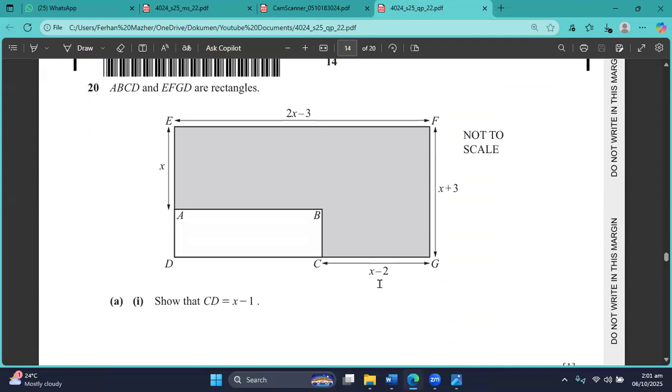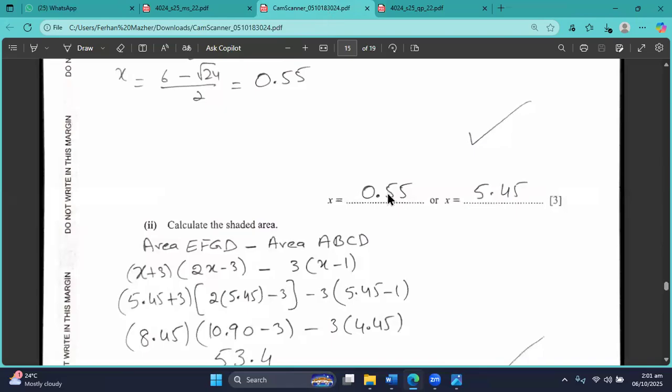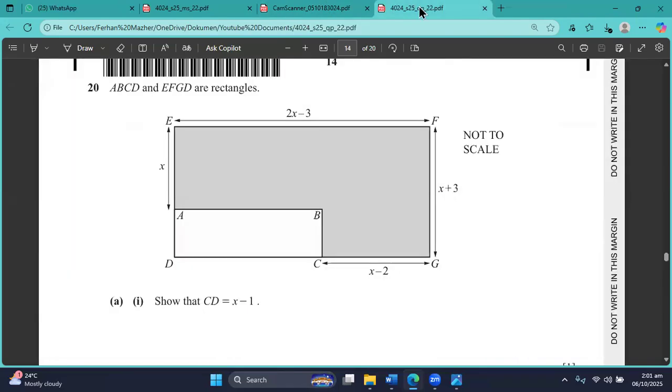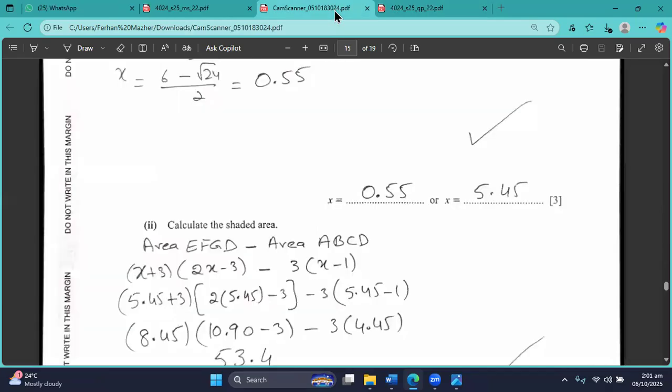I cannot take both values. I cannot take 0.55, because when you put that value here, this side will become negative. That is not possible. So we will neglect that and only use 5.45.